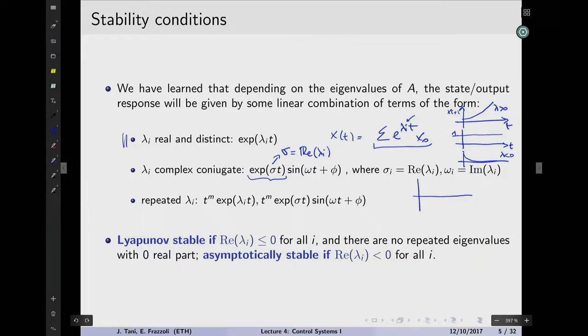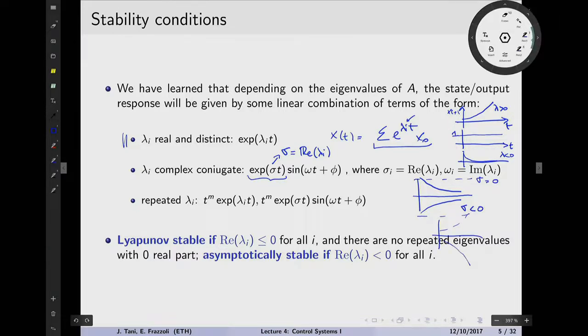You would have asymptotically convergent behavior in case of sigma being less than 0, constant in case of sigma being equal to 0, and something growing if sigma is bigger than 0. On top of it, you would have some oscillations. In case of sigma less than 0, you would have decaying oscillations. In case of sigma bigger than 0, you would have oscillations that eventually blow up. And in case of sigma equal to 0, you would have this thing going back and forth. This reminds you of the pendulum, right?